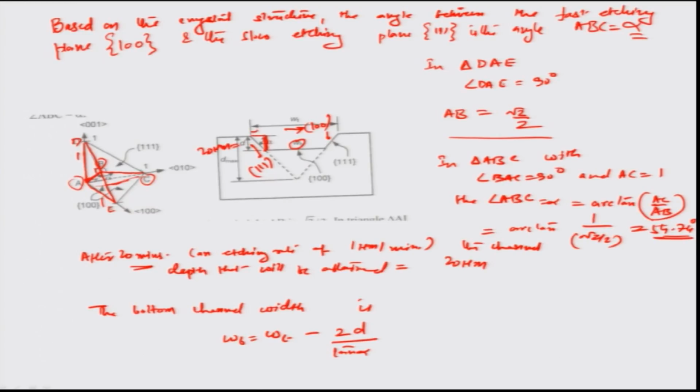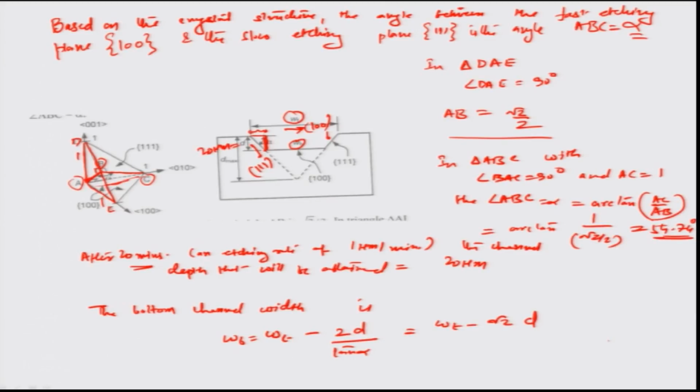D by tan alpha is this particular value right about here. So twice this taken off from Wt, the top channel width, gives the bottom channel width. This comes out to be Wt minus root 2 D, because obviously tan alpha is equal to root 2 in this particular case.